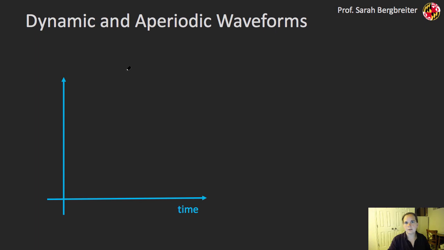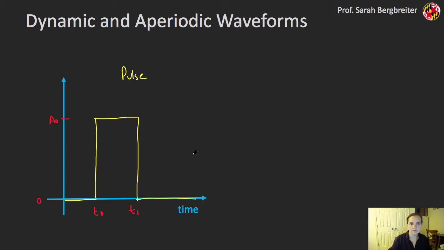Another dynamic and aperiodic waveform that I might see commonly is a pulse waveform. I'm going to draw all of these in analog, although obviously you can discretize or make them digital as well. Now this pulse waveform will go to some amplitude a0 at time t0, and it will fall back to 0 at time t1. I can write this as a difference between two step functions.